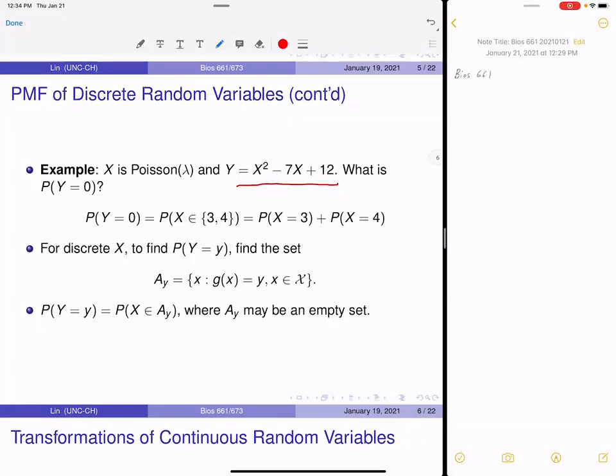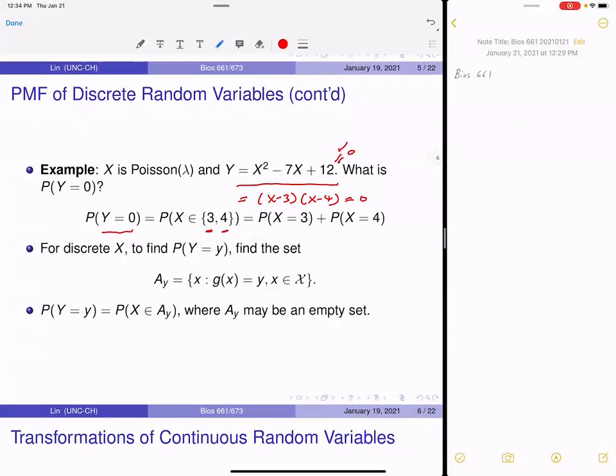Say, what if Y equals 0? Then it's really nothing but solving this equation. You got a high school degree, so you know how to do it: it factors and equals 0, and X could be either 3 or 4.